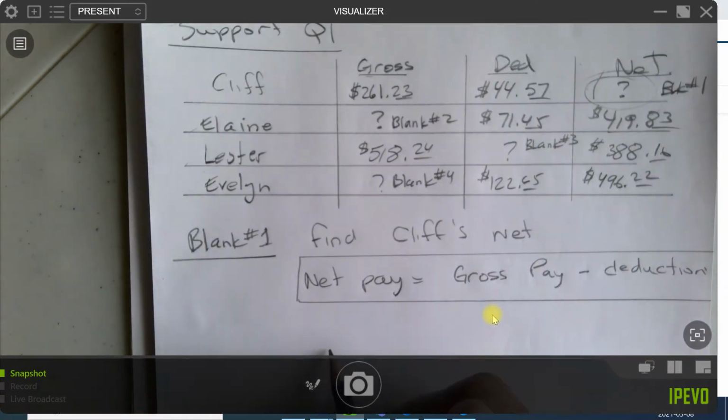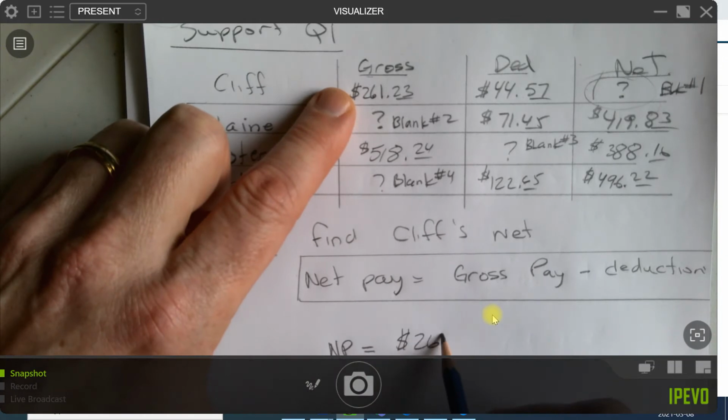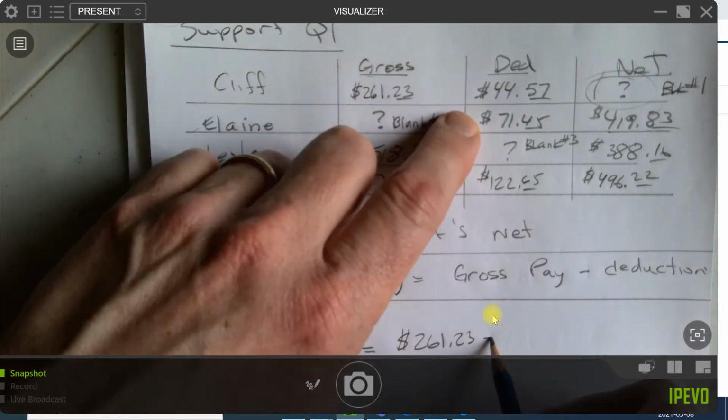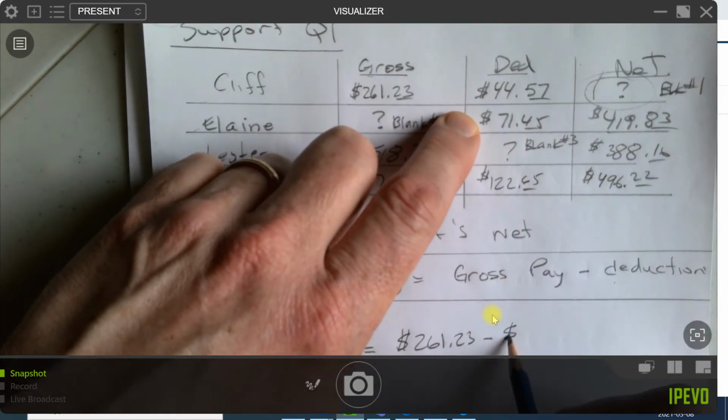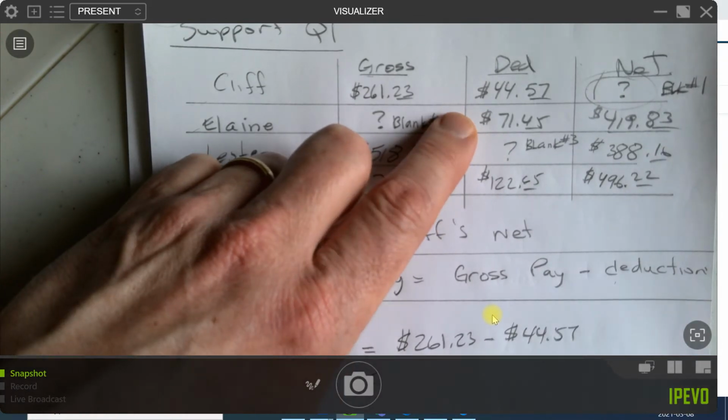So net pay, so we can say NP is equal to our gross pay, which is $261.23 minus our deductions. Our deductions are $44.57. And put that in the calculator, and what do we have here?